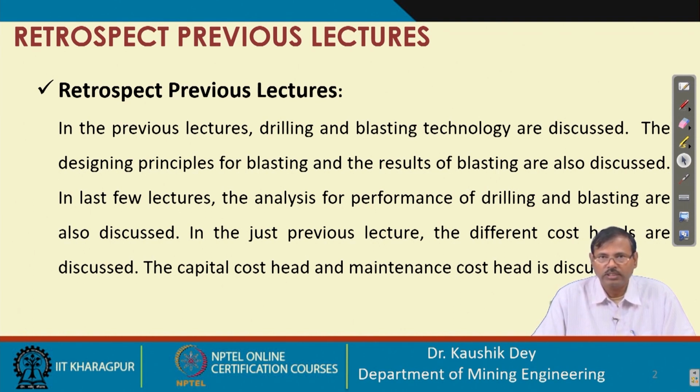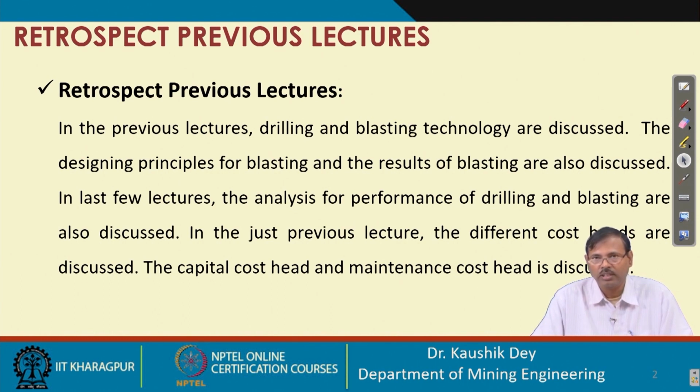So, we are discussing the different cost heads, and in the last class we already discussed the capital cost head and the maintenance cost head, how they are calculated, and the theory and concept behind them. We have started the operating cost head, and how that will be considered.